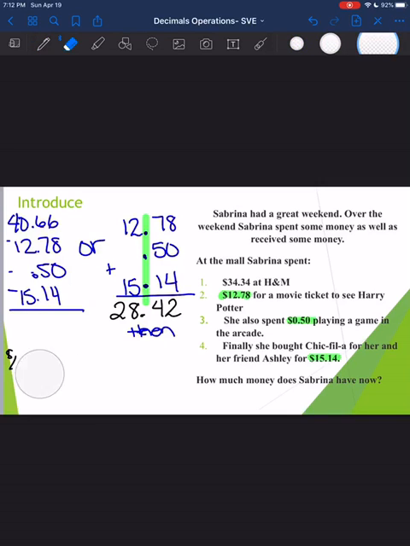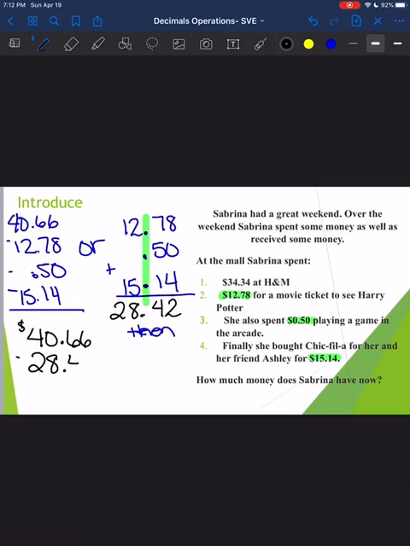Actually, let me go back. Let me do that. Let me make sure it's right. $40.66 minus my $28.42. Once again, my decimal points are aligned. Each number is subtracted by the same number in the corresponding place values.